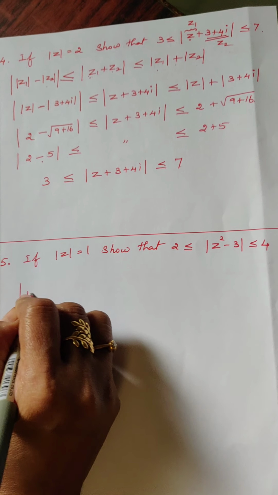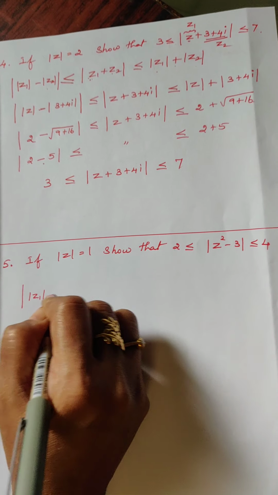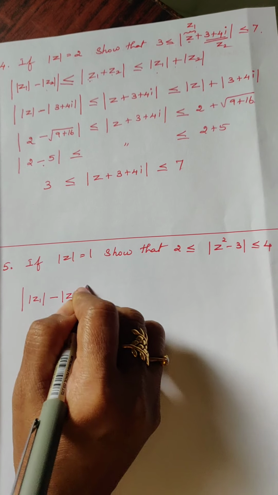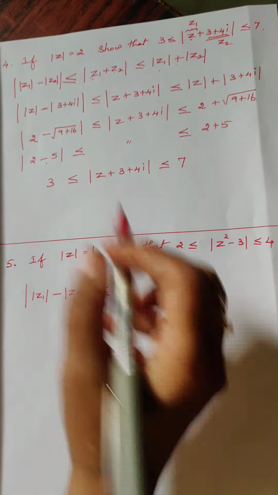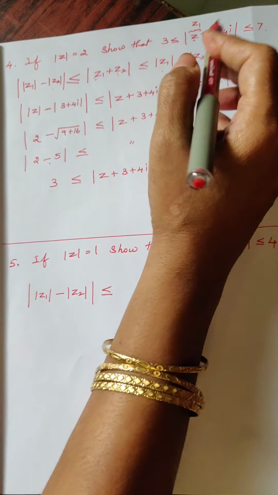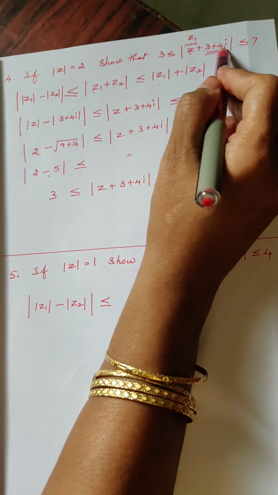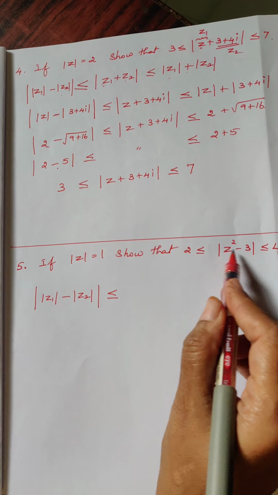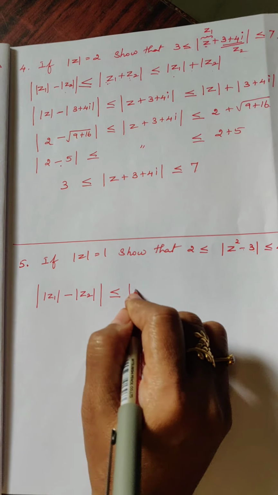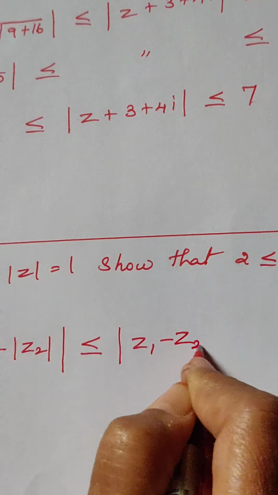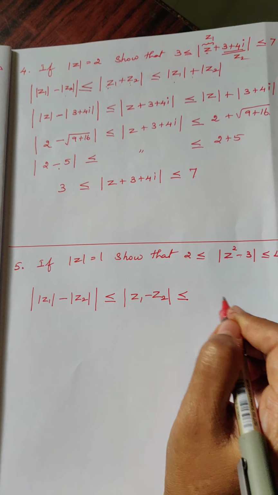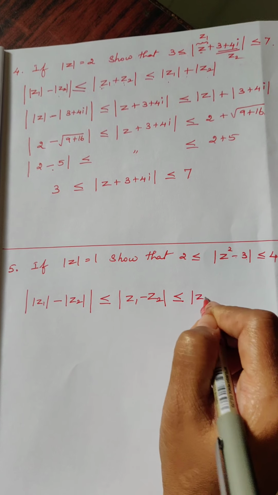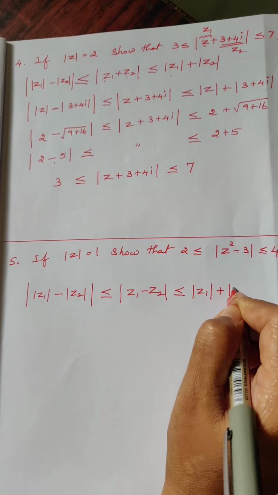Modulus of z1 minus modulus of z2, the same result again I am applying. Lesser than or equal to, instead of z1 plus z2, here we are having z1 minus z2, so I am using z1 minus z2. Lesser than or equal to, this is also one of the properties, modulus of z1 plus modulus of z2.